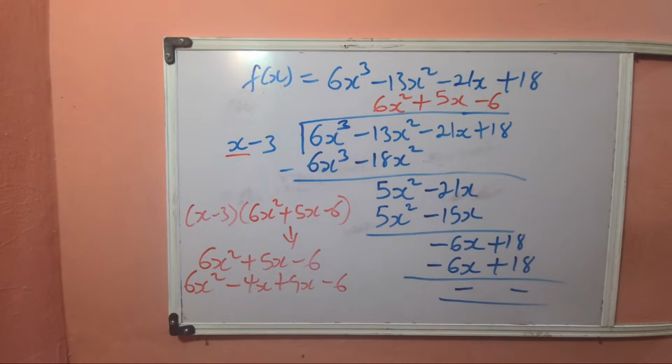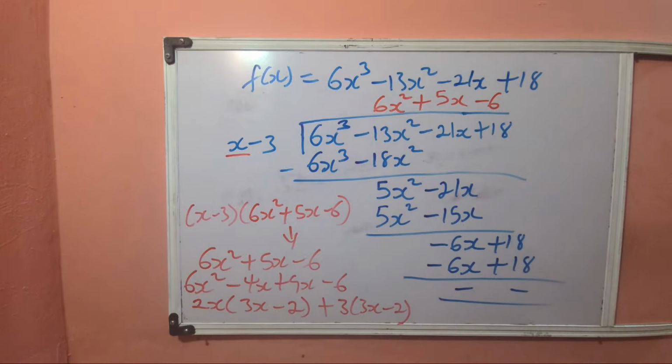You go on to solve this, you will have 2x common here. You will be left with 3x minus 2, plus 3 into 3x minus 2.